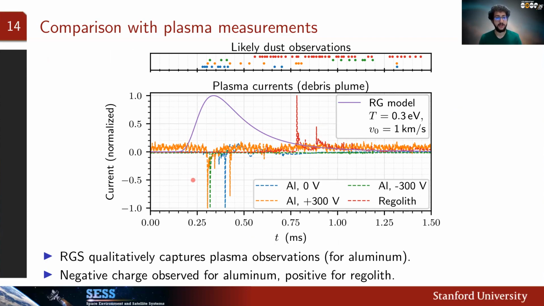These currents shown on the plot are normalized by the peak value observed in each shot so that they show up easily on a single axis. And although the model makes many assumptions, the predicted plasma densities are in good agreement with experimental observations and simulation data. I also want to point out that we observe mainly negative charges from the aluminum impacts, but we see positively charged debris in the impact on the regolith target.